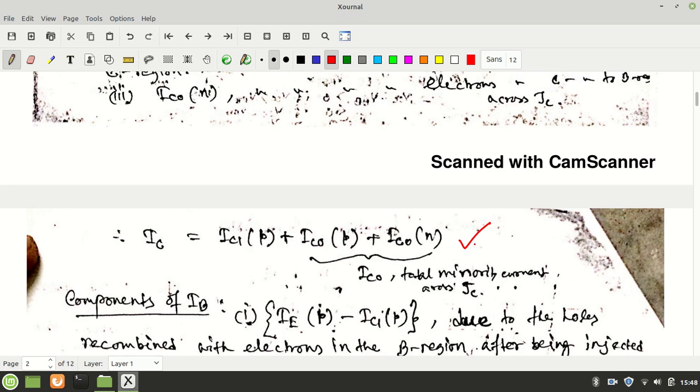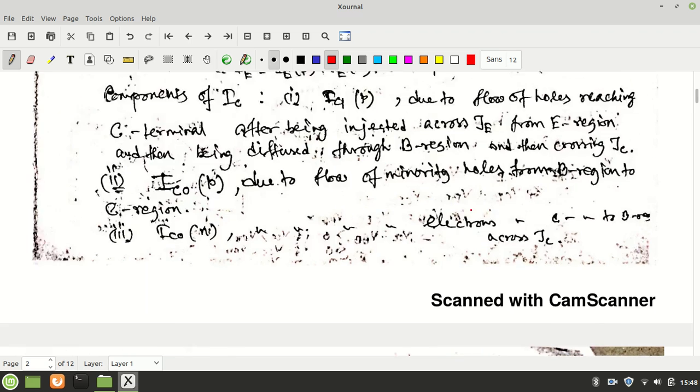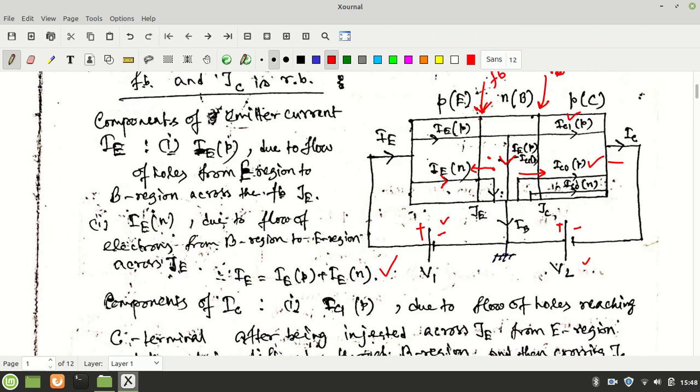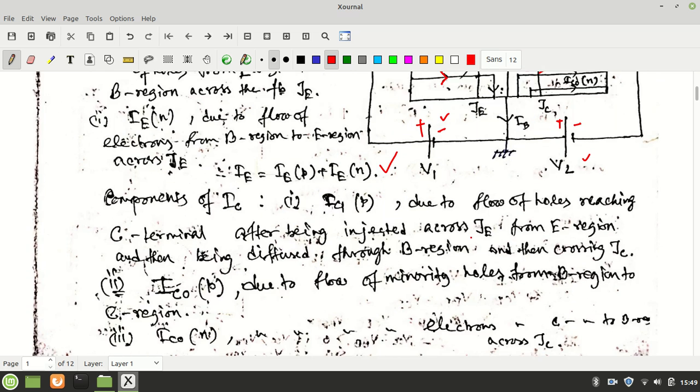And the base current, we have already discussed that. You can see here the current entering the region is IEP minus IC1P, the recombination current, while the currents ICOP and ICON go from the base to the collector, so those will be subtracted, and similarly IEN is entering the base region.